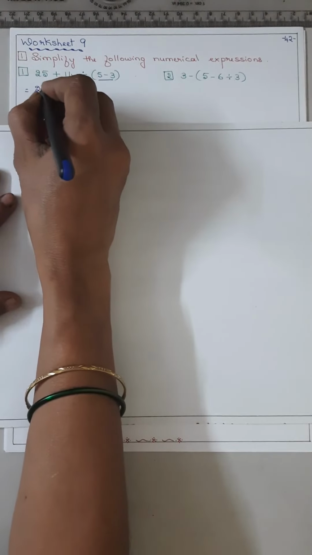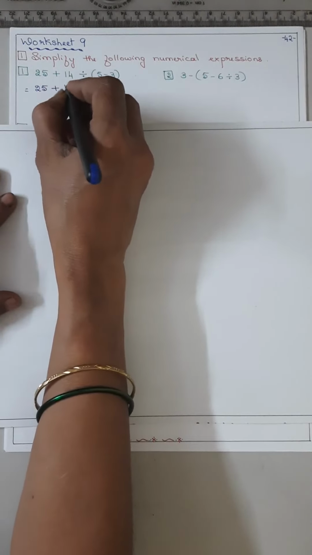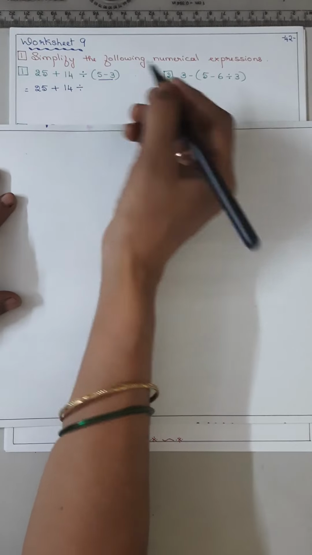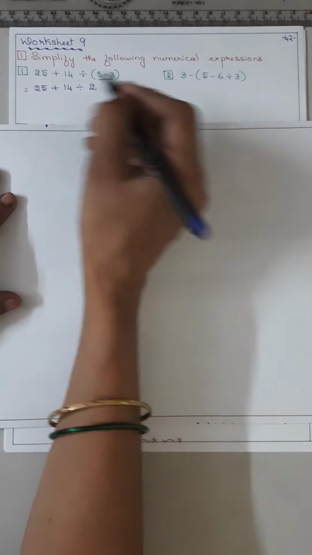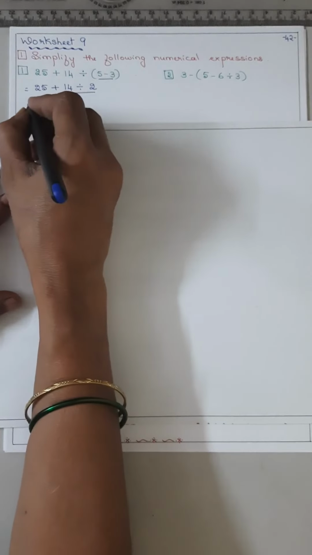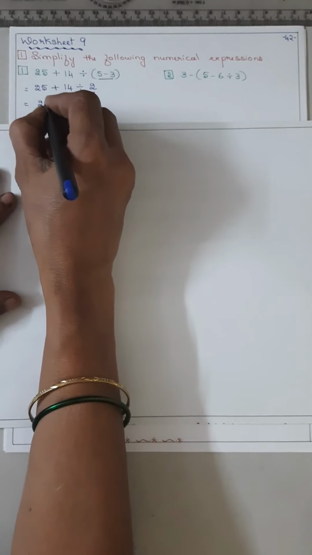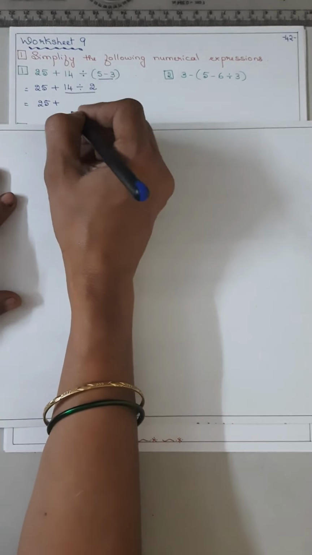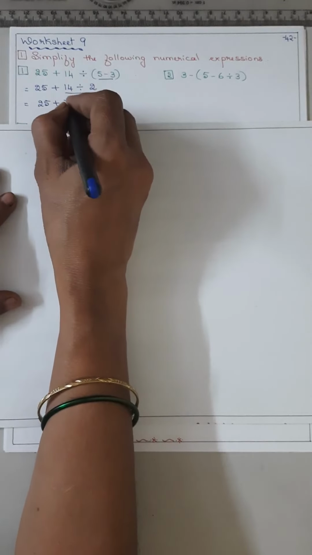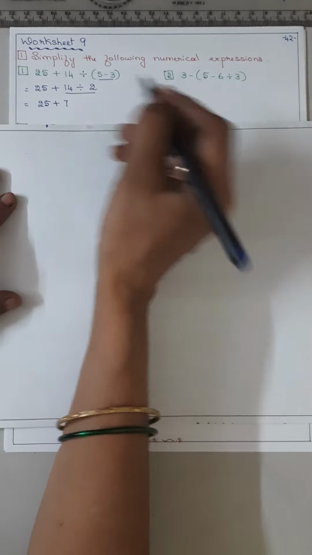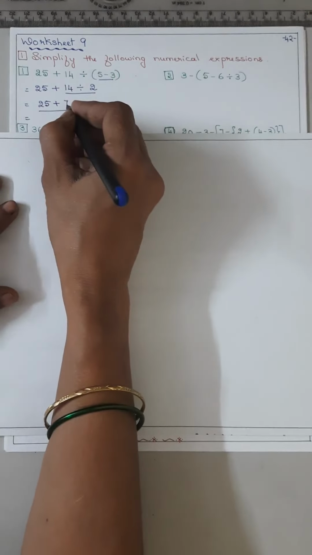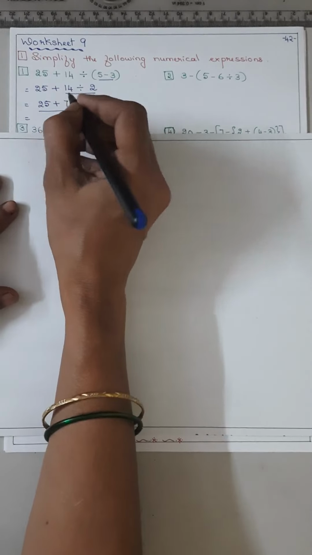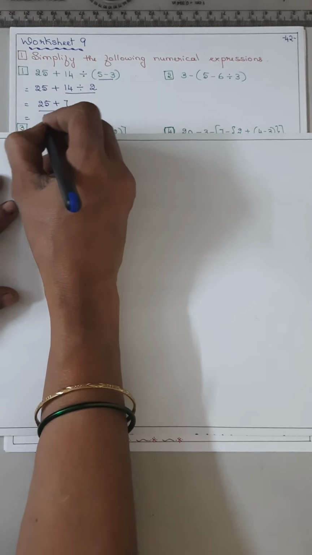So it is 25 plus 14 divided by 2. Next it is division. 2 sevens are 14. Now underline the addition. So it is 25 plus 7 is 32.